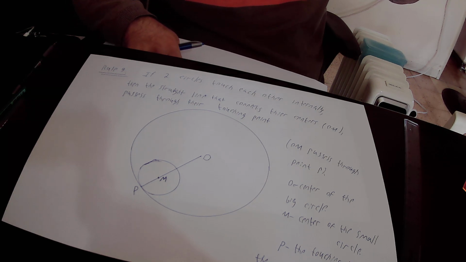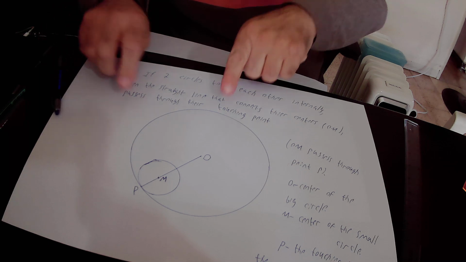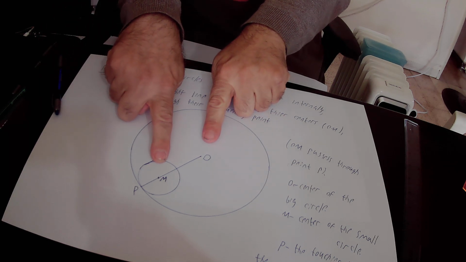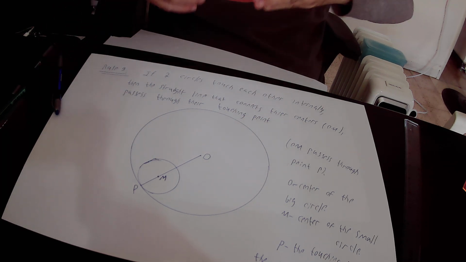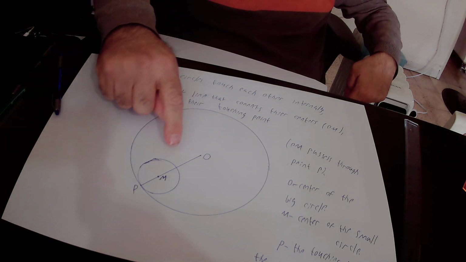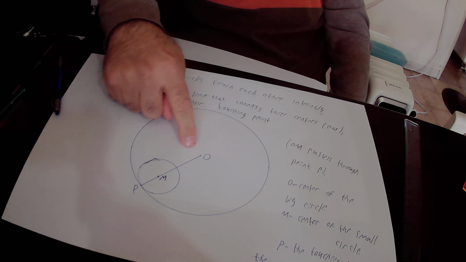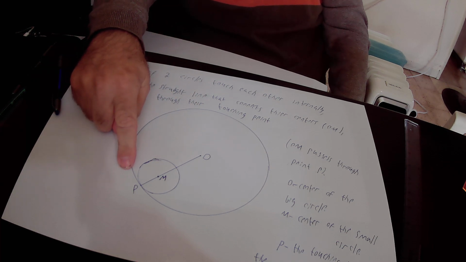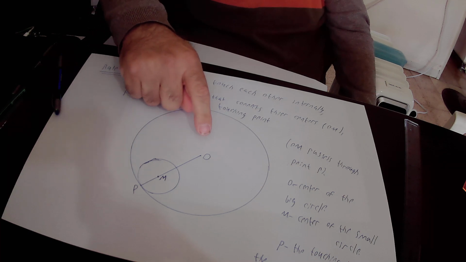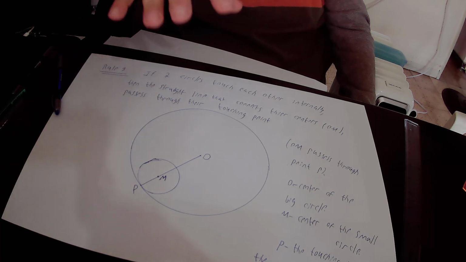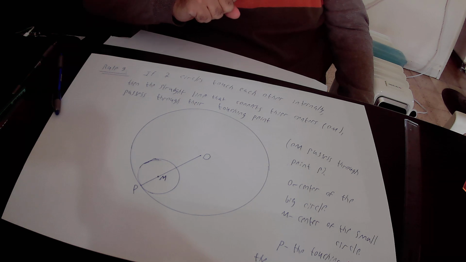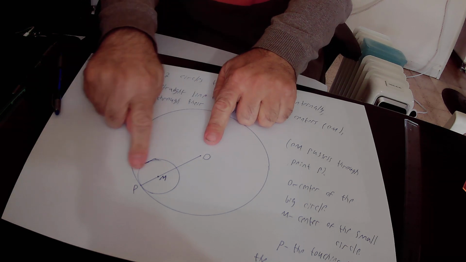The straight line that connects their centers is OM. According to rule number 9, the straight line OM must pass through point P. That is to say, OMP is one straight line, or in other words, all the 3 points O, M, and P are located on the same straight line.